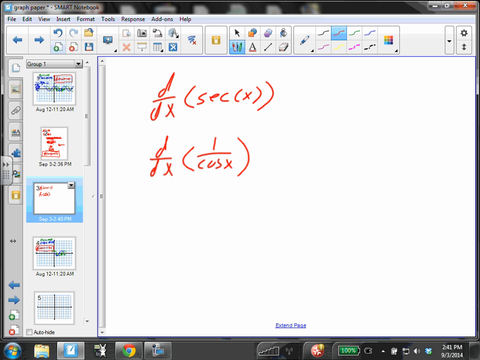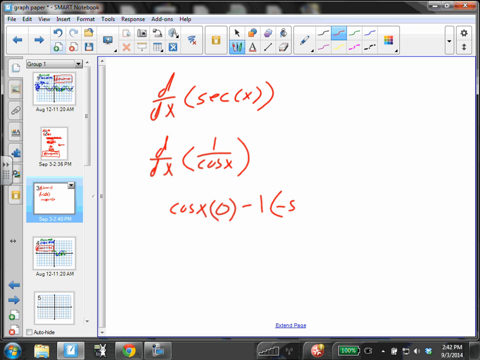The quotient rule tells me to do the bottom times the derivative of the top. What's the derivative of the top? 0. Minus the top, 1, times the derivative of the bottom. What's the derivative of cosine?